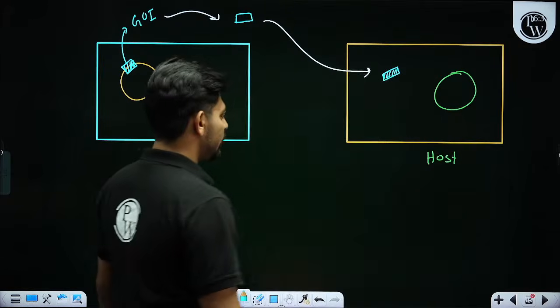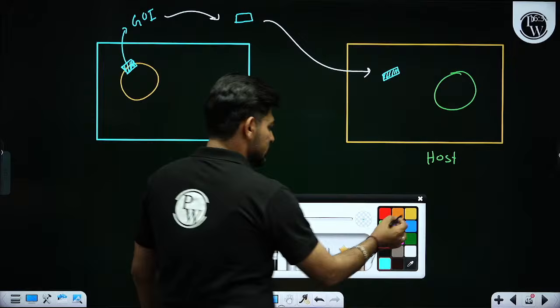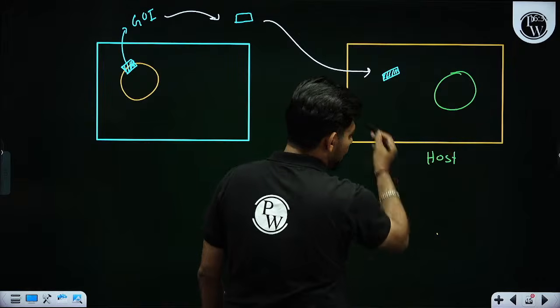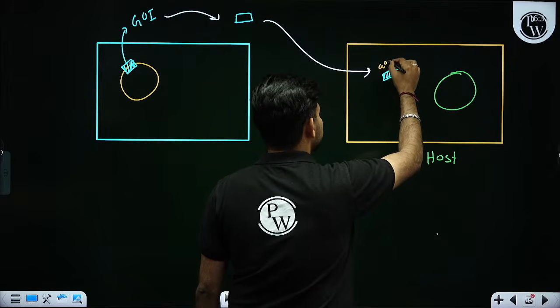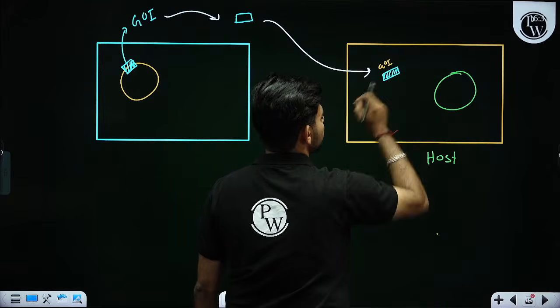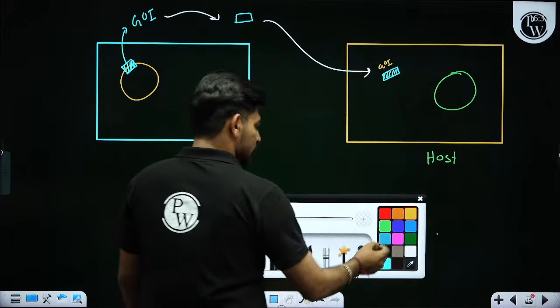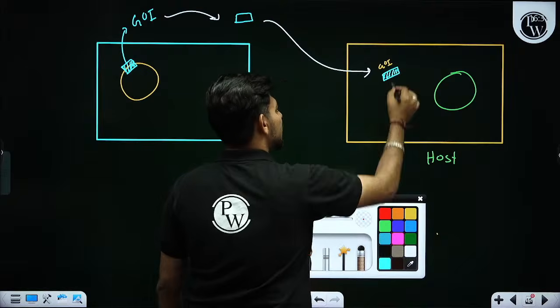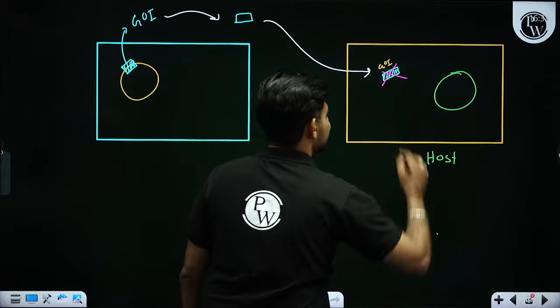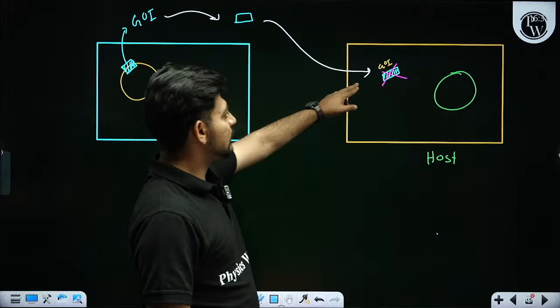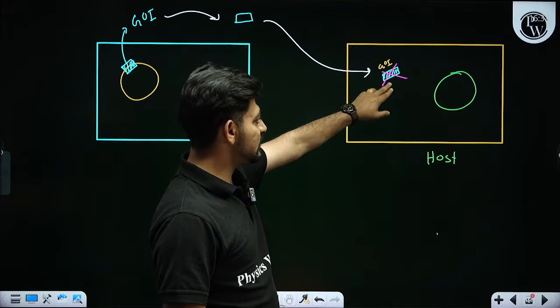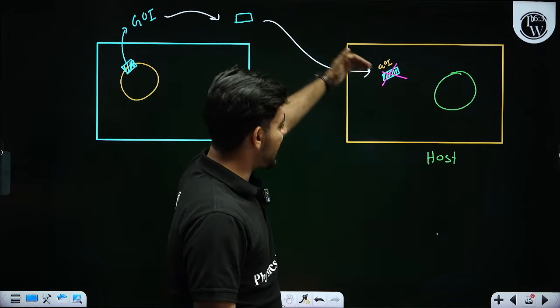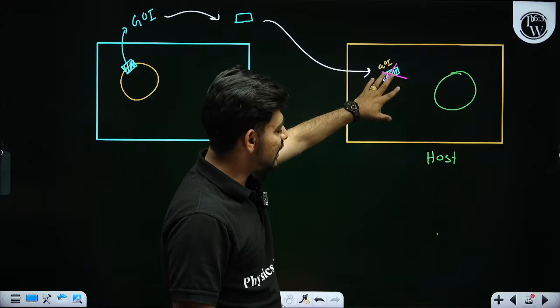Then what will happen? For this host cell, the gene of interest is nothing but a foreign particle. So it will pose an immune attack, and the host cell will destroy the gene of interest if you directly insert it inside the host.